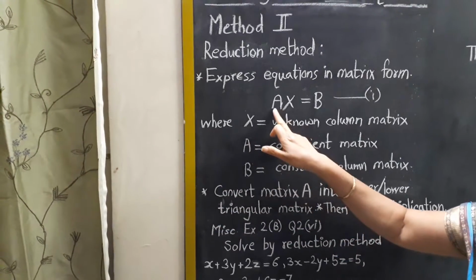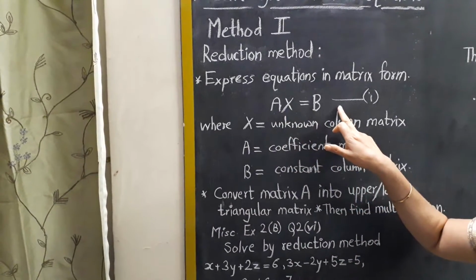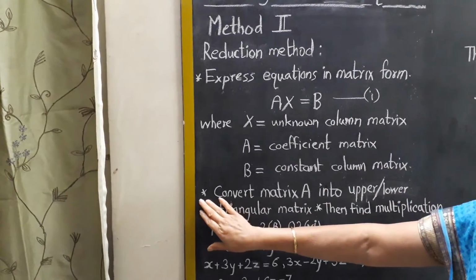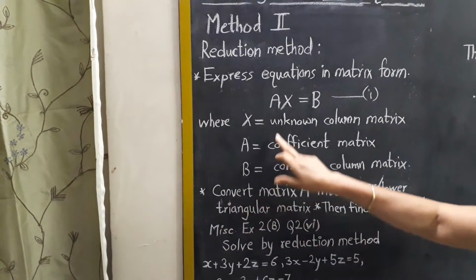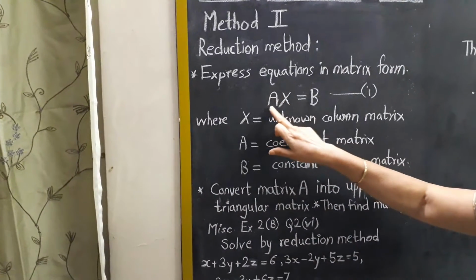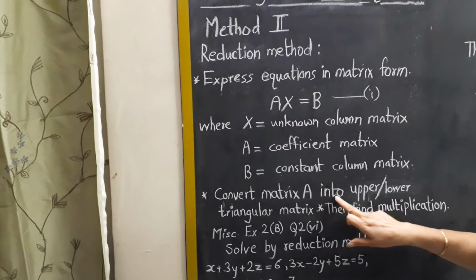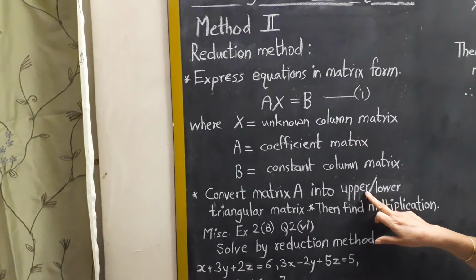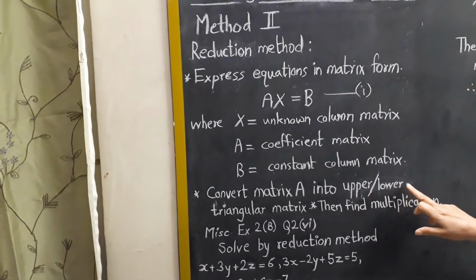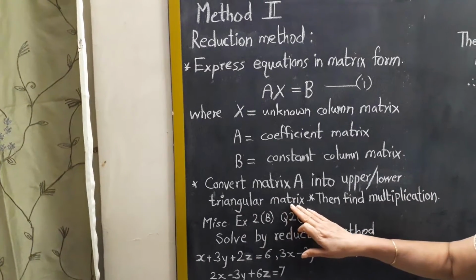After expressing it as AX equals B, we convert the given matrix, the coefficient matrix A, into either an upper or lower triangular matrix.